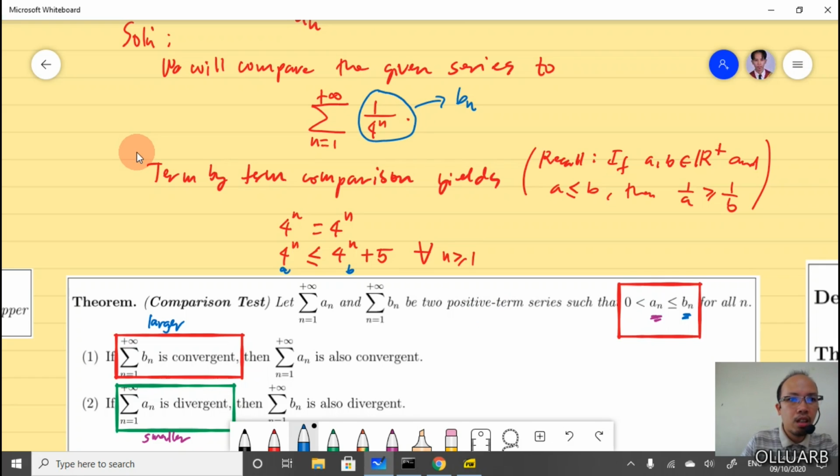By using this theorem, we can write this as 1 over 4 to the n, which is bigger, 1 over 4 to the n greater than or equal to 1 over 4 to the n plus 5, for all n greater than or equal to 1.